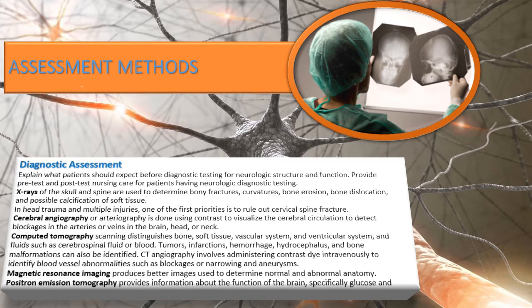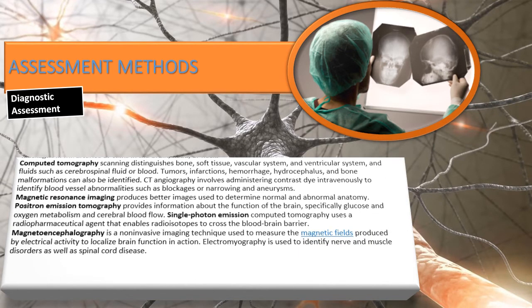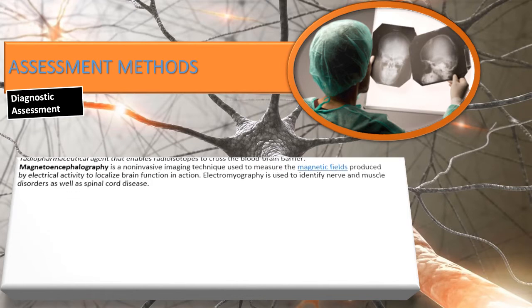Several diagnostic tests may be done for a patient with neurologic problems. It's important that you explain what patients should expect during the diagnostic testing, and you want to provide pre-test and post-test nursing care for these patients. They may do x-rays, cerebral angiography, a CT and an MRI, a PET scan.